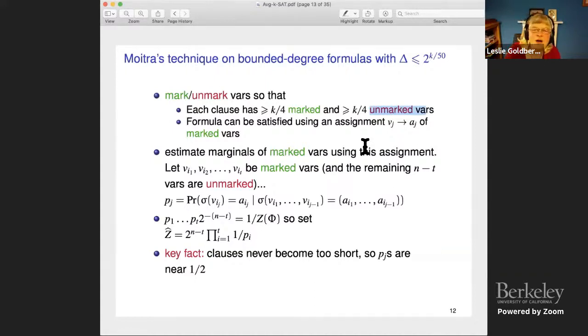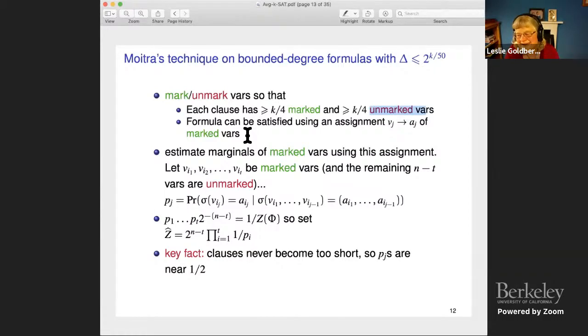So because of this marking that there's a lot of space around, the marginals are all near a half. And well, okay, so you can use the Lovász Local Lemma to find such a marking. And then the marginals are near half. So he had that issue too, and that worked out. In our case, the trouble is that the high degree variables and ones that share a clause with them, they're just not near a half.